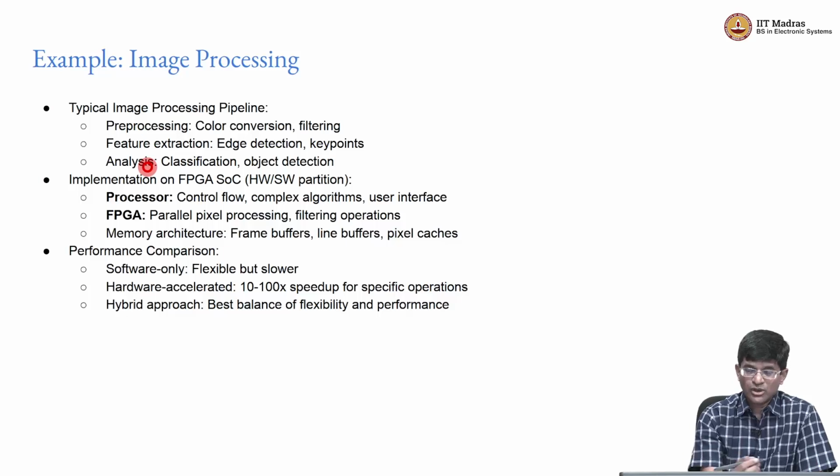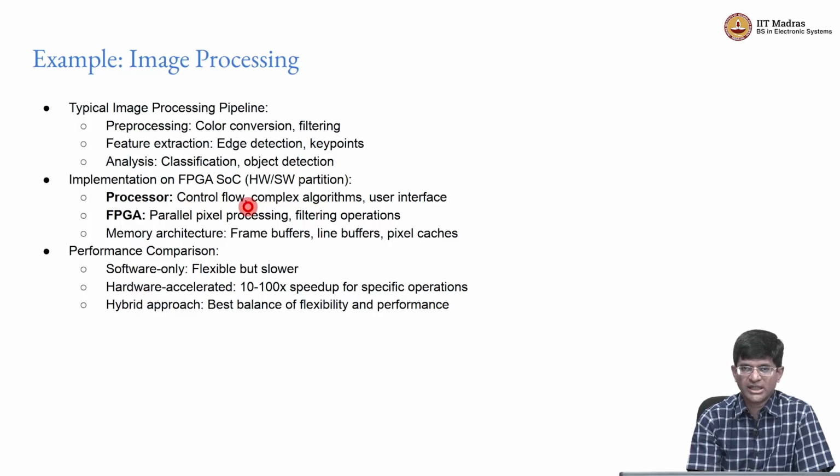Now when you want to implement something like this on an FPGA SoC, you need to decide what your hardware software partitioning is going to look like. Typically what happens is, the complex algorithms and the control flow, meaning that when you have something which says, depending on a certain input or certain data, I need to have a different kind of behavior, those are well suited to CPUs, because CPUs can very easily make conditional decisions.